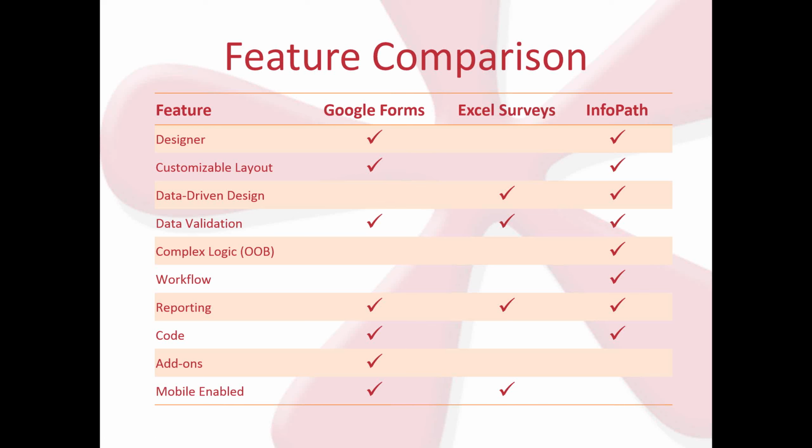They have this built-in feature. I think if you send out the link and users open that link on their mobile devices, the mobile view will automatically render, which we know that InfoPath doesn't have out of the box today. You can get around that in InfoPath by creating a separate view that is enhanced for mobile devices.